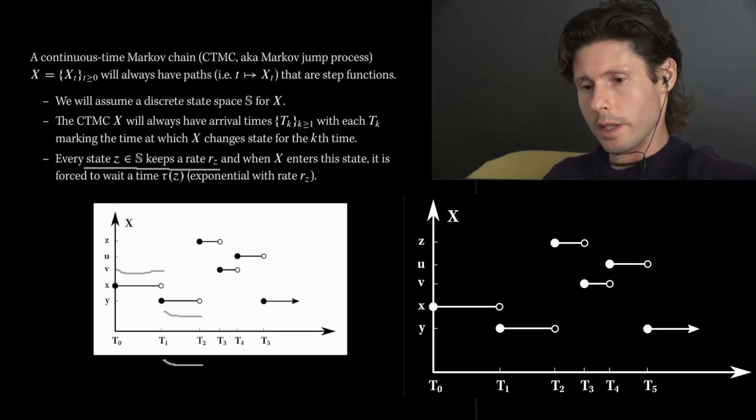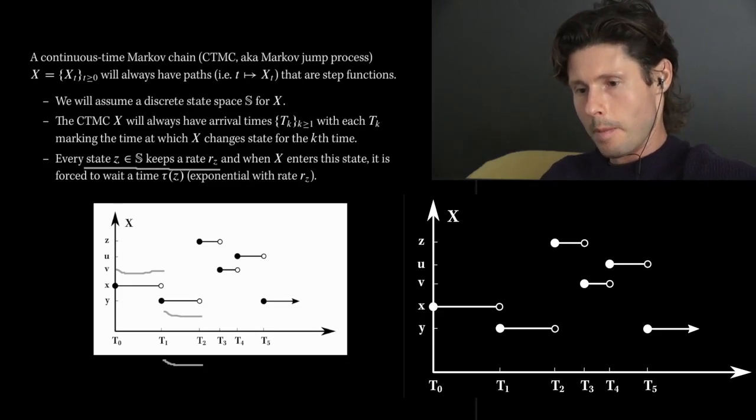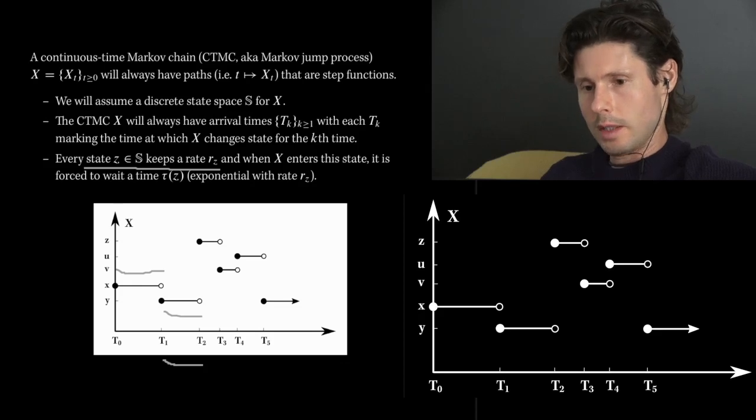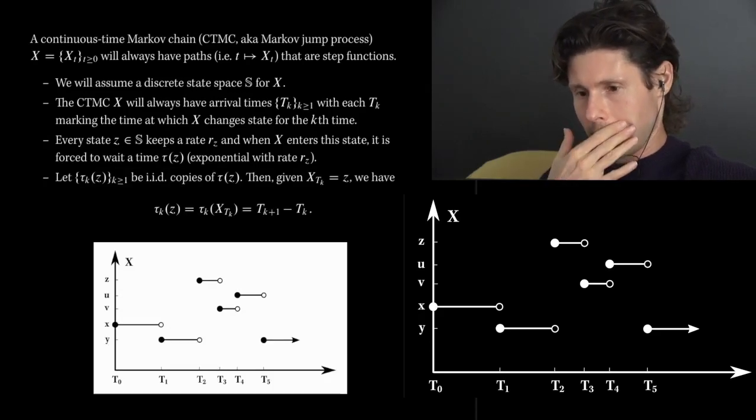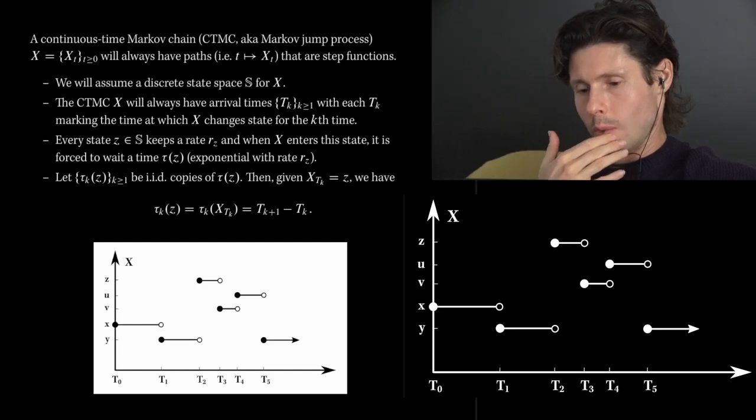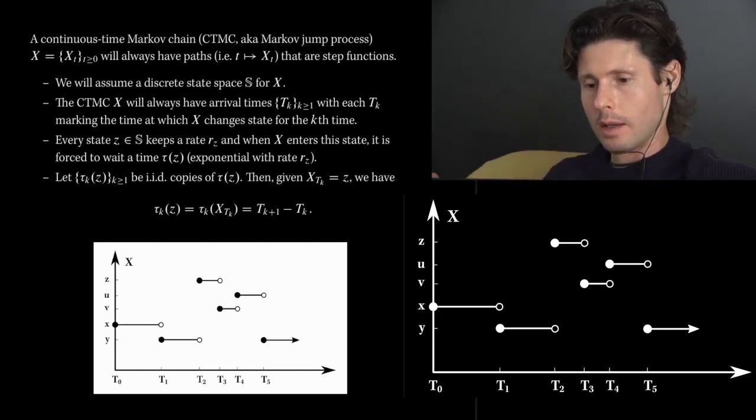That's a non-negative number, which is synonymous with the word rate. And when x enters the state, it's going to have to wait there for some time tau z, which we know is exponential with that rate. The one little caveat is that every time we visit state z, we're going to have to stay there for an exponential period of time that's independent of what was done in the past.